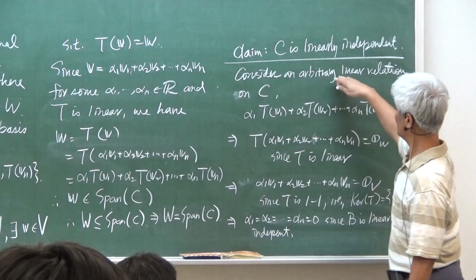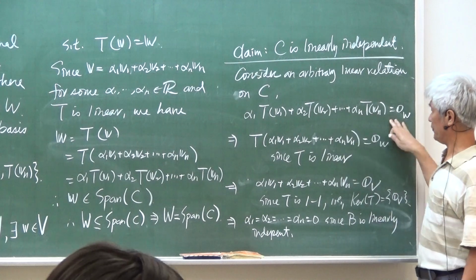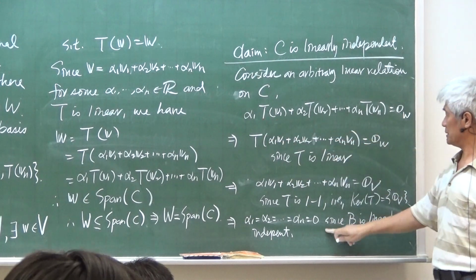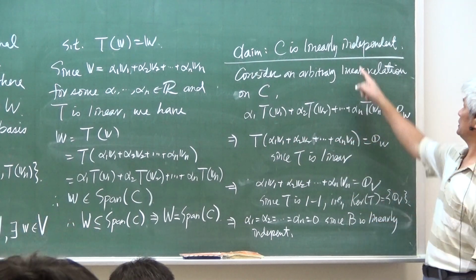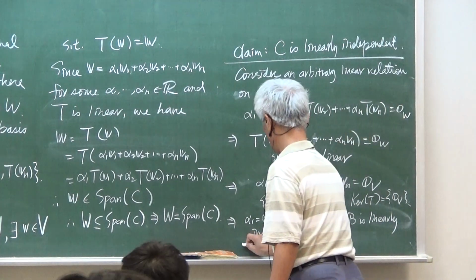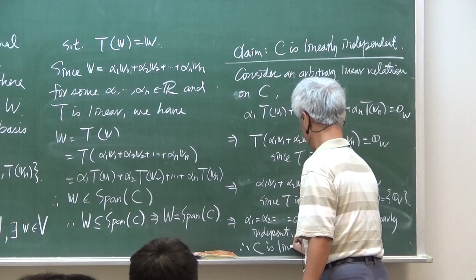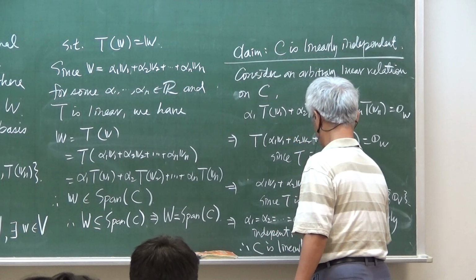Alright, so if we have an arbitrary linear relation on C, we find that the coefficients must be all 0. So C is linearly independent, of course.